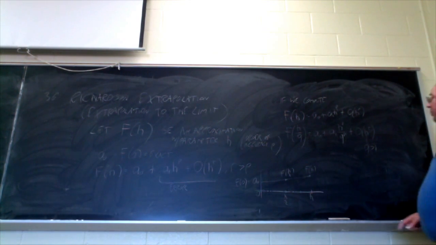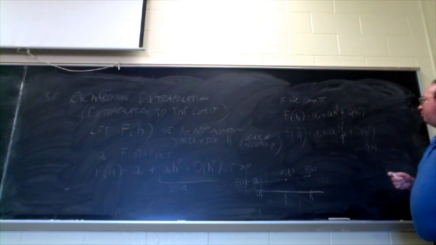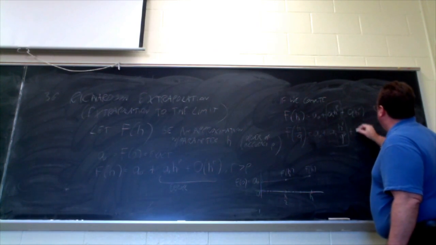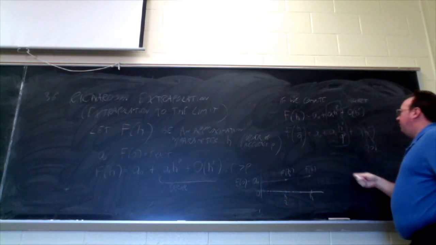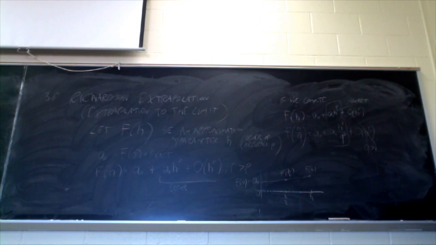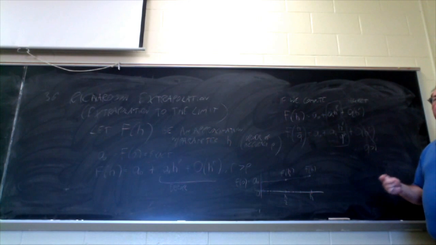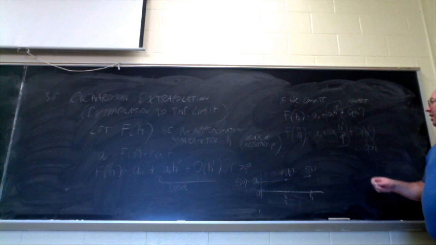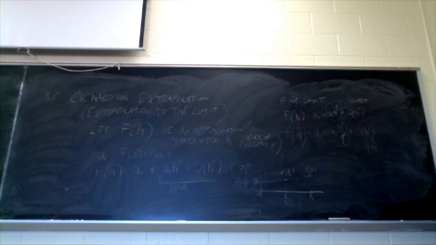So if I want to get a more accurate approximation by combining these two in such a way that these error terms, so these are my leading error terms, and I'm going to neglect these because those are less significant anyway. So how should I go about combining these two approximations in some way so that my new approximation of A0 doesn't have this kind of error term? I want to get rid of it. How might I go about that?